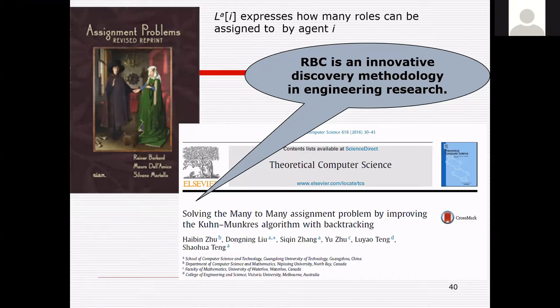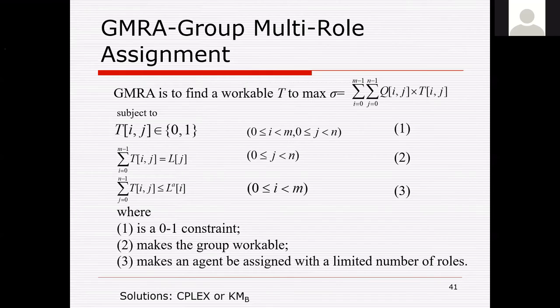So we introduce a new one and abstractly we get a new problem called GMRA. You find the objective and this constraint are the same, only this constraint is different.